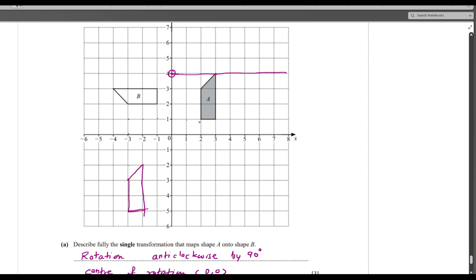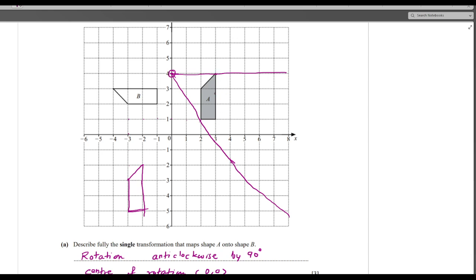Then for this point I will draw a line and extend like this. So it will go something like this. Now this line, 1 2 3, this 3 becomes 9. So here it is 1 2 3 4 5 6 7 8 9.